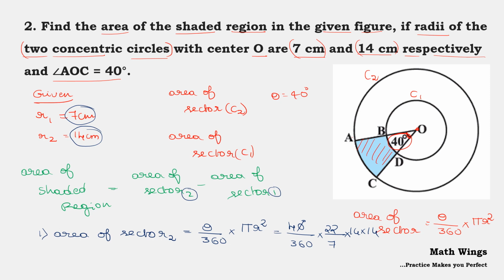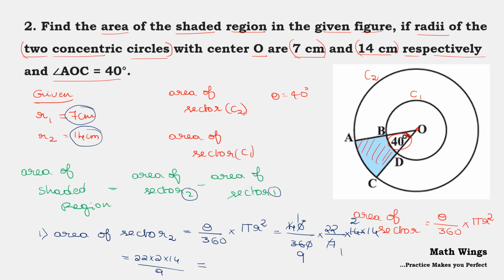When I cancel this, we can cancel 0 and 0. 4 ones are 4, 9s are 9, 7 ones are 7, 2s are 2. So if we continue with this, I will get the answer here as 22 into 2 into 14 divided by 9.